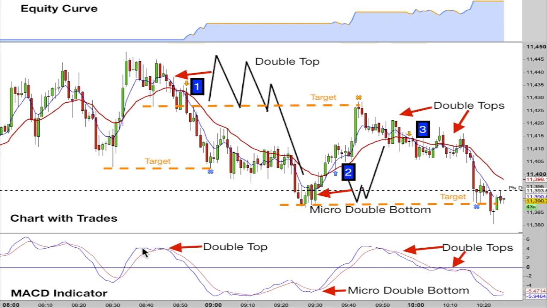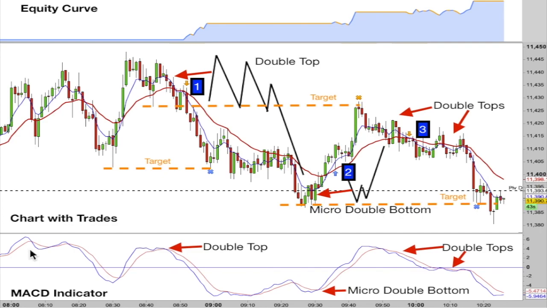Here, high, second high, market goes down; low, second low, market goes up; high, second high, goes below there, market goes down; high, second high, lower high. As soon as it goes below that level, market goes down. So you can see the price action replicated in a momentum manner using a momentum indicator. And that's what I'm talking about when I'm talking about confluence.